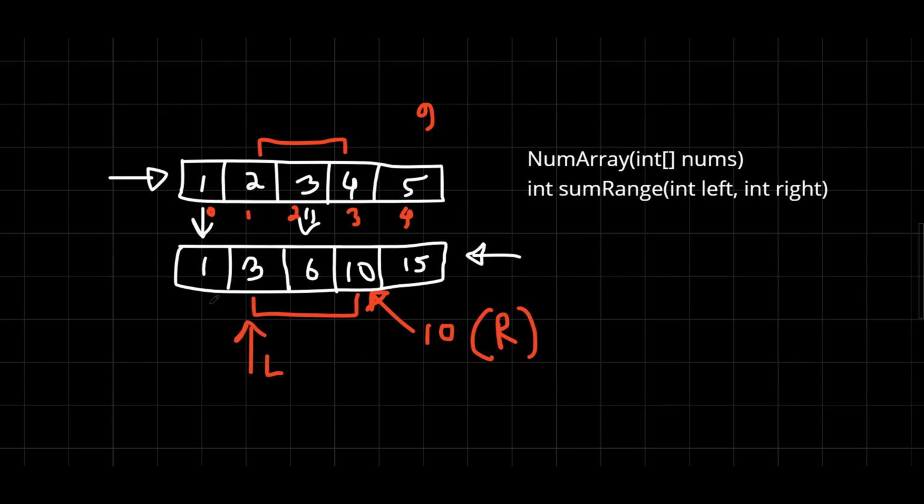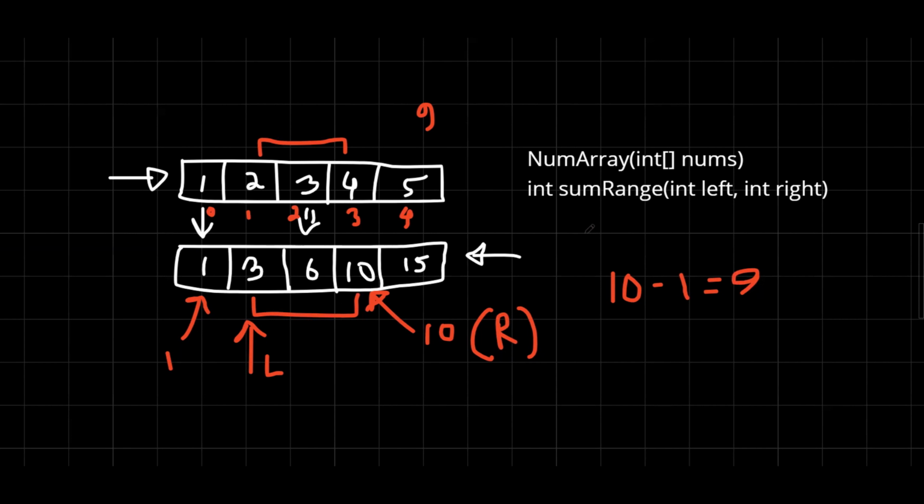So we have to take left minus 1, which is this 1. Now, if we subtract the left value, which is 1, from the right value, which is 10, we will get the value 9. So the algorithm is pretty simple.